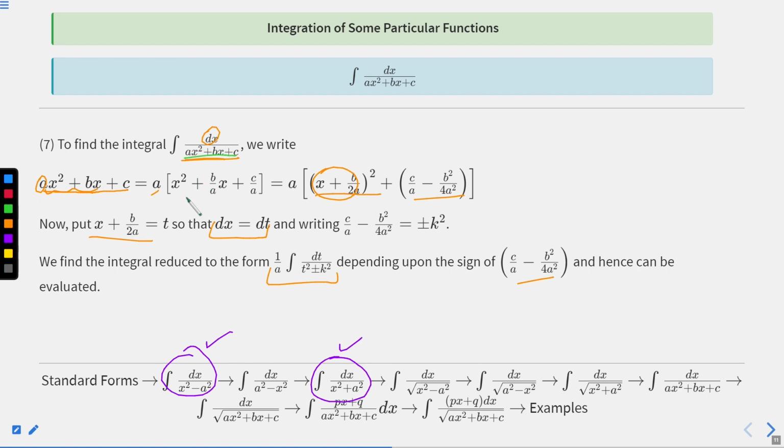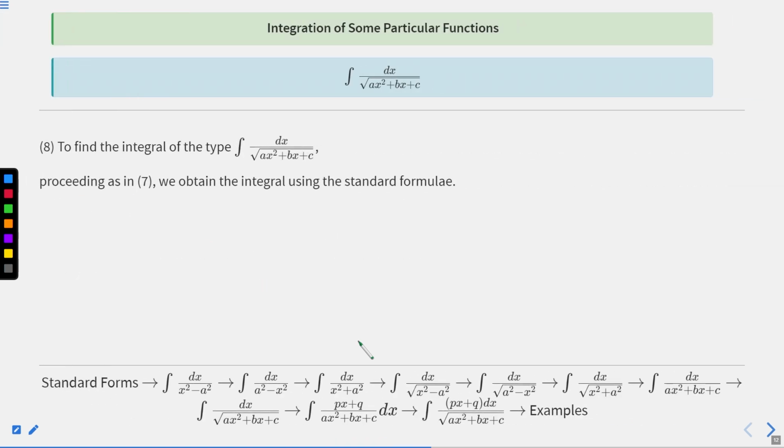Take a common, then use the completing square method to form like this. Then put whatever you got here equal to t, then differentiate with respect to t. You will have this form, and according to the sign of this, you will use either this or this. I hope it is clear to you. Simple. Okay, let us move next.